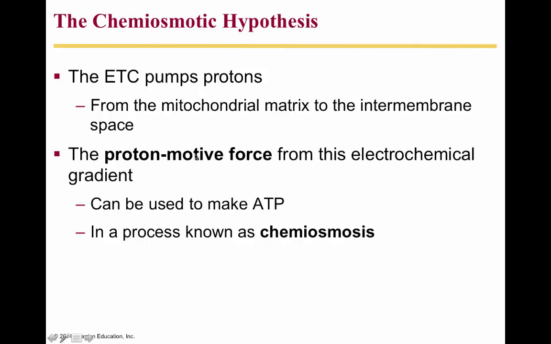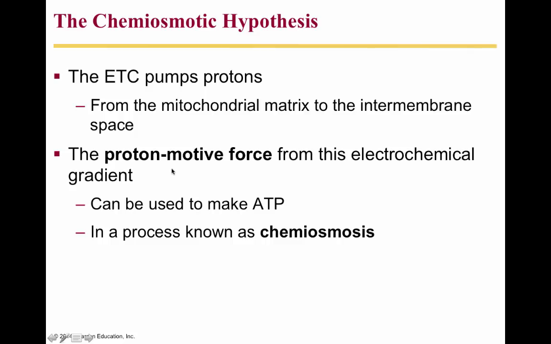Why? This represents potential energy in what we call the proton motive force. All right? Once we concentrate these protons in an area inside that membrane, we can use that then as potential energy. This is kind of like water behind the dam.